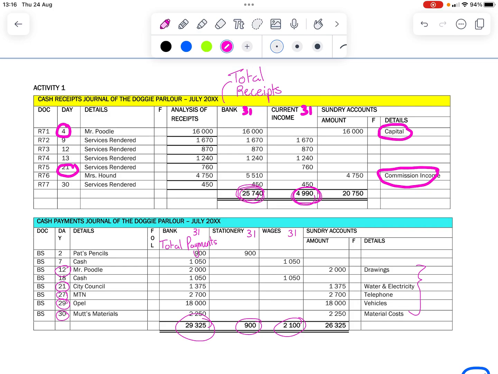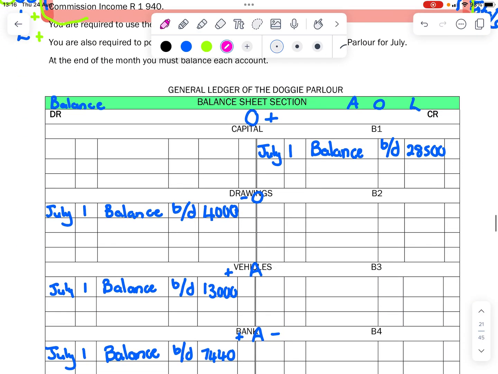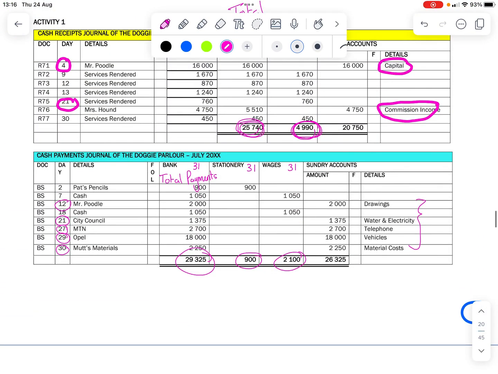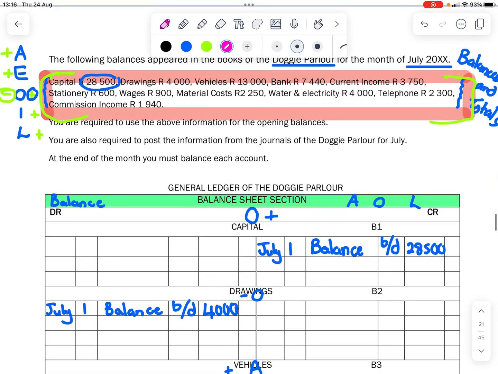So now, if we look at the capital general ledger account, capital does not have its own column as we established earlier. It takes place on the 4th. So the date that we need to enter in is the 4th. Now, you always need to refer back to our double entry principle. If we had 2 T accounts for this particular transaction, we would have bank, and we would have capital.